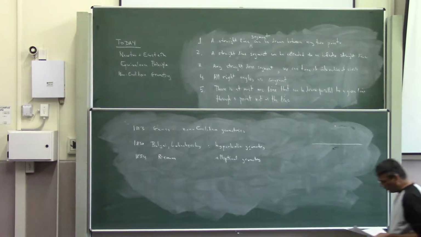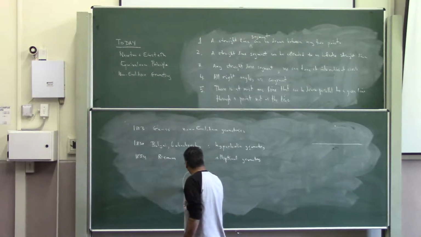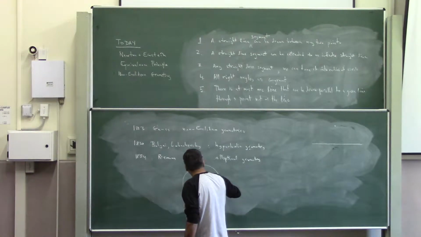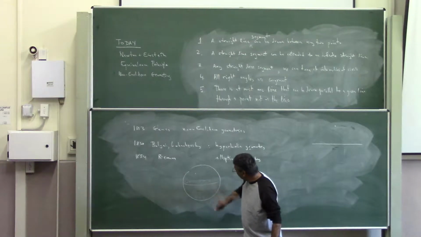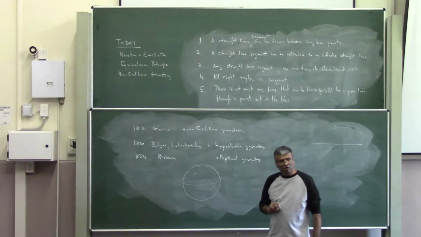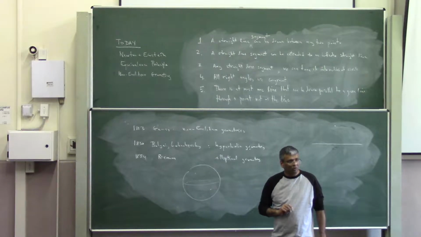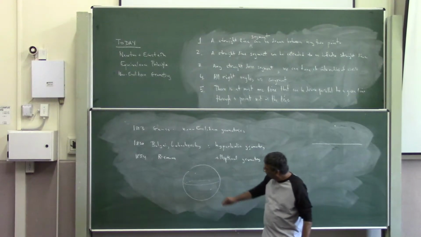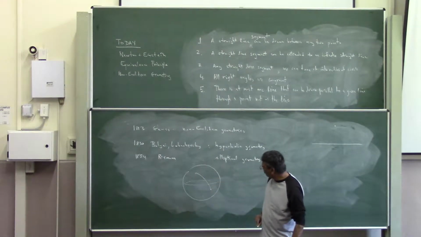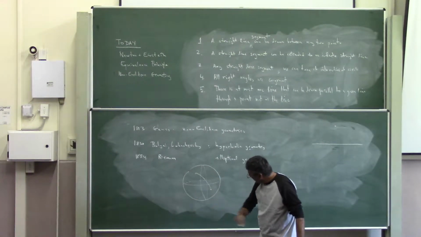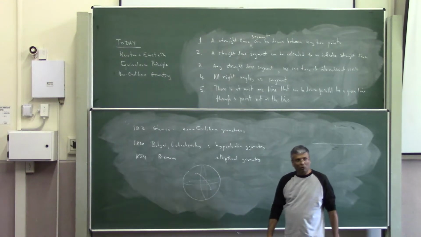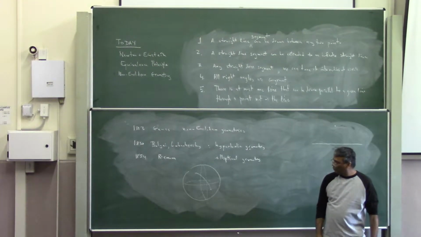So elliptical geometry you can think of as, for example, the geometry on the globe. You take any 2 points, the shortest distance between these 2 points lies on a great circle. Every great circle intersects every other great circle. Okay? So this great circle here will intersect, for example, the great circle described by a circle through the poles, or the equator.